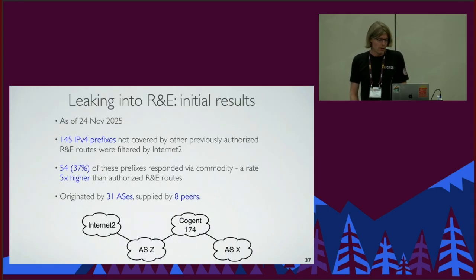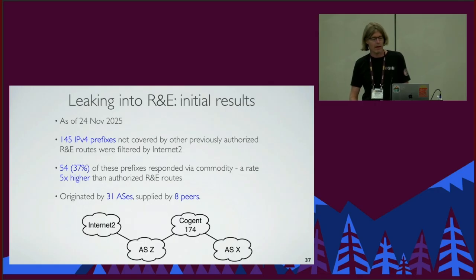So an initial result. We probed everything, and we found 145 IPv4 prefixes not covered by other authorized routes, where for 54 of those 145 the responses returned over commodity. So that's a rate of 37%, and if you think back to the beginning of the talk, we'd expect maybe 8%.